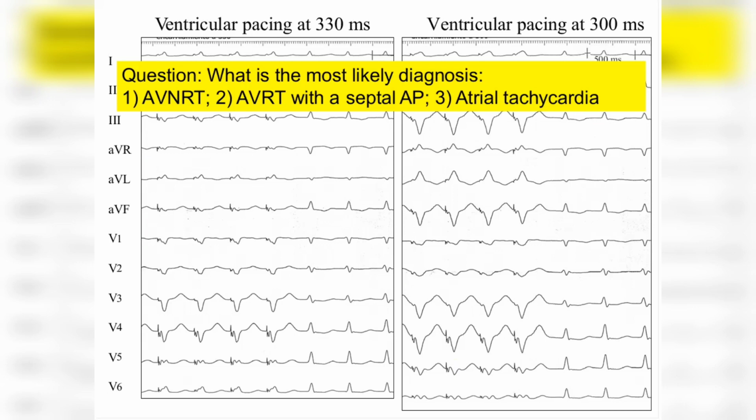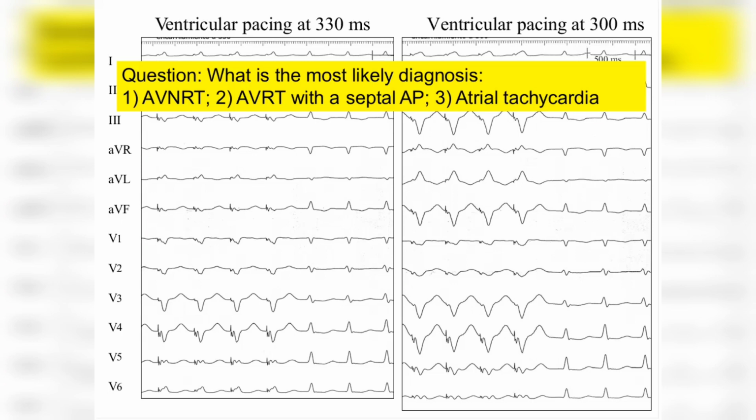Sometimes you need to pace 10 milliseconds less than the tachycardia cycle length to be able to elicit this maneuver. And it's sometimes easier to be seen with resetting, with a single ventricular stimulus. It may be easier to elicit than with straight pacing.